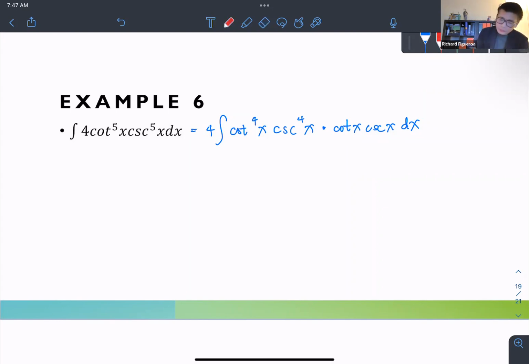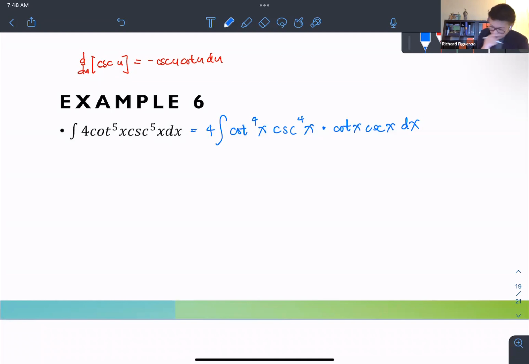Kasi remember, di ba meron tayong yung derivative of cosecant u, so to be equivalent to negative cosecant u cotangent u du. Okay. So ngayon, we want to transform this one into cosecant. So everything to be in the cosecant. So para we can use the power rule.